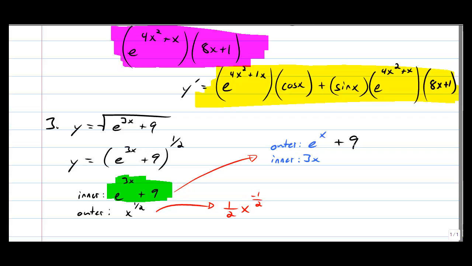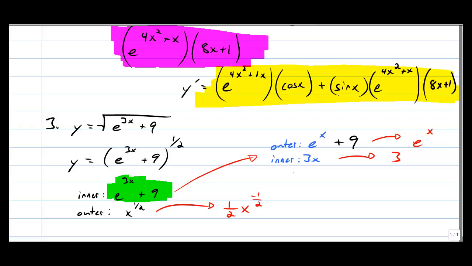Anyhow, though, I got to the inner, that thing in green, and I said, I need its derivative. As I looked at it, I said, well, I'm going to need chain rule just on that alone to find its derivative. So that's kind of the secondary work I'm doing. So the derivative of that outer is e to the x. The derivative of that inner is 3.